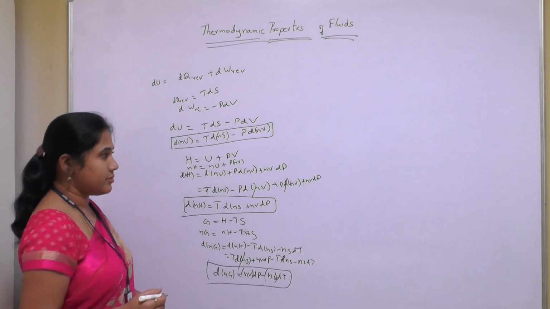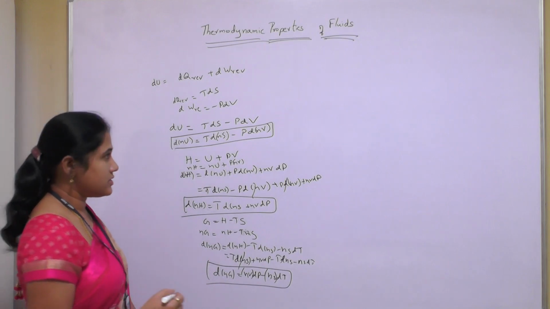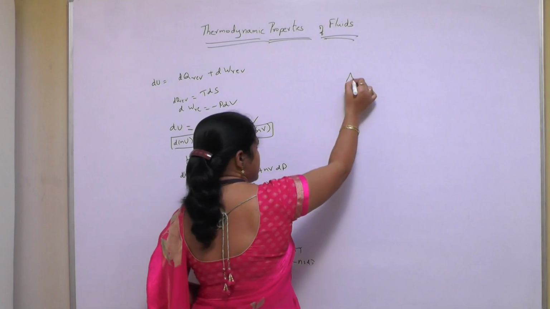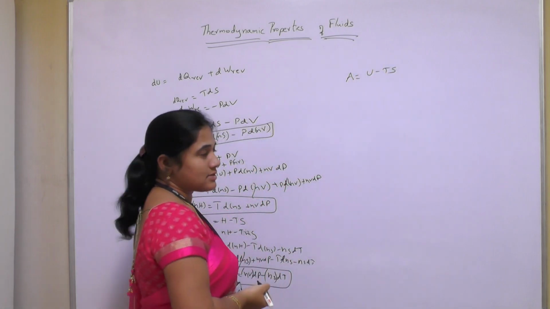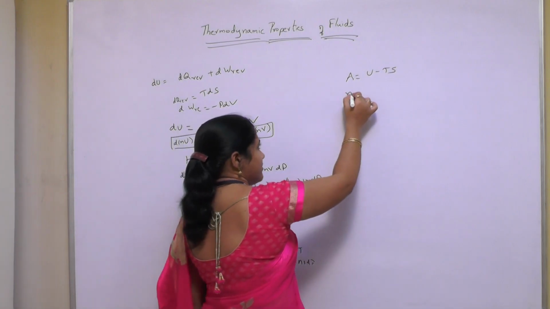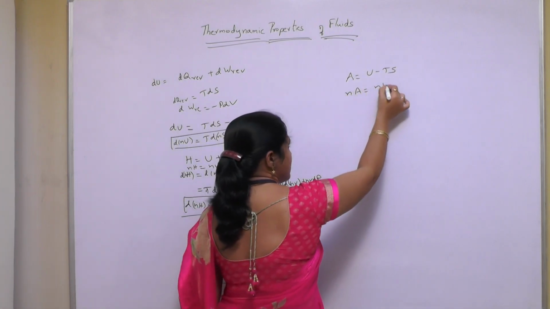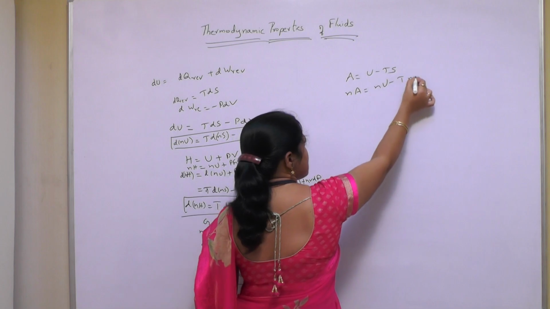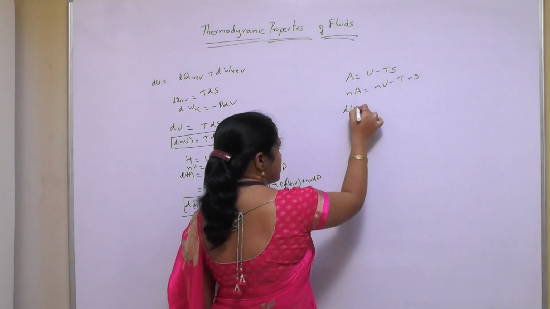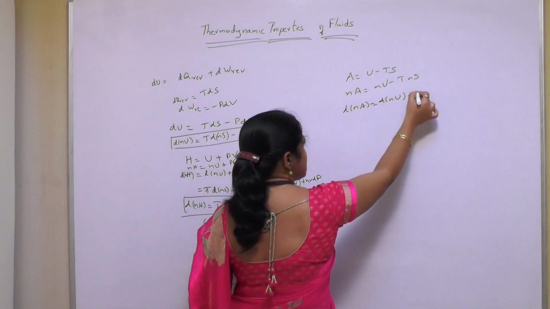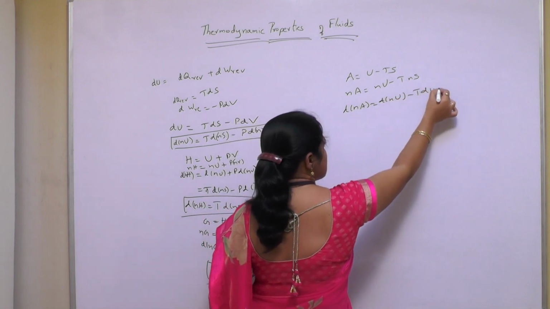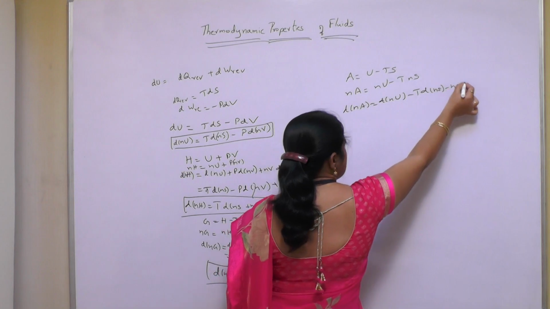And another energy term is the Helmholtz energy, which is represented with the symbol A. A equals U minus TS, and for n moles it is nA equals nU minus T nS. The differentiation of this equation gives d(nU) minus T d(nS) minus nS dT.